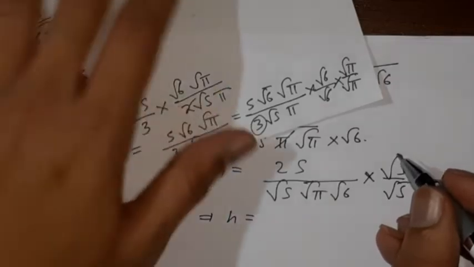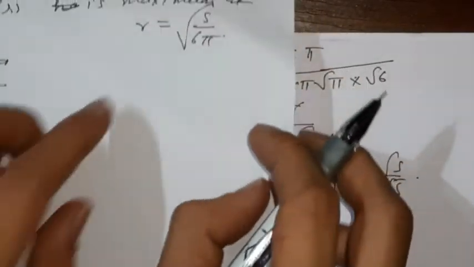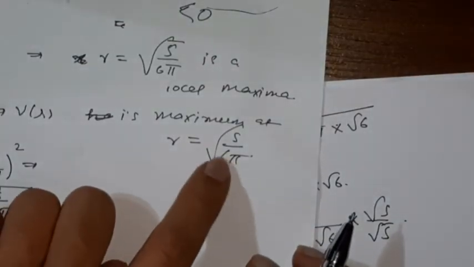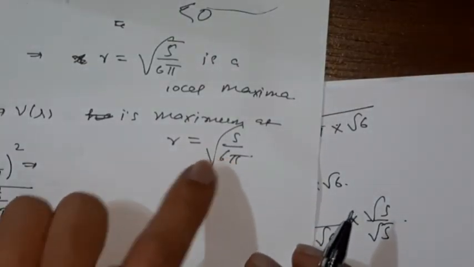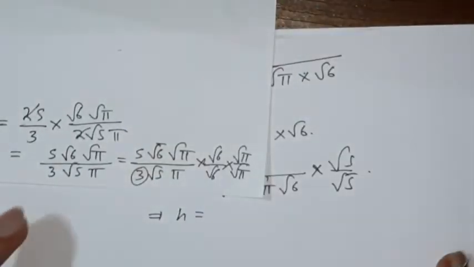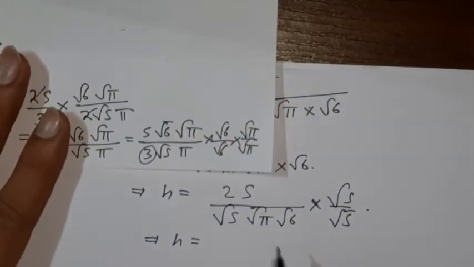See, you have to always remember what you want. Okay, so that is, height should be equal to the diameter. So that is nothing but 2 times this quantity here. Okay, that is the radius. So what will happen? Let us see.